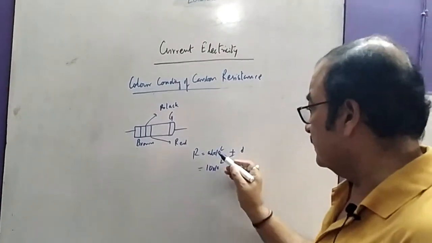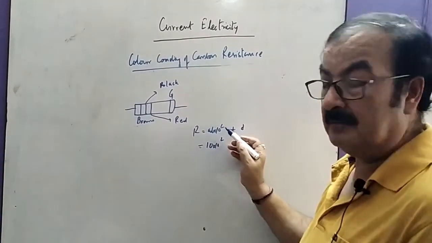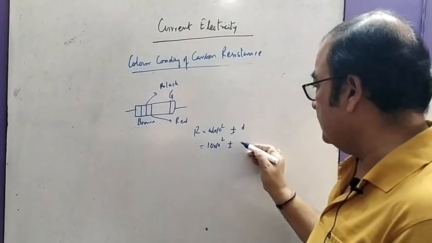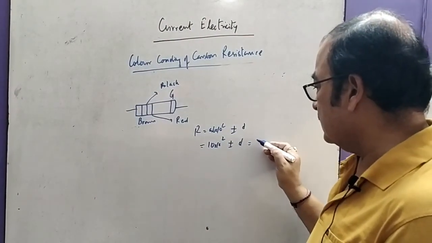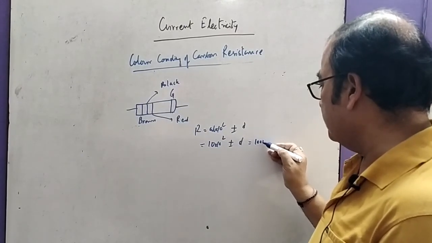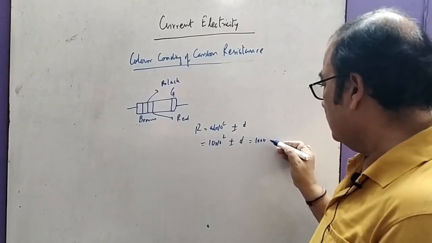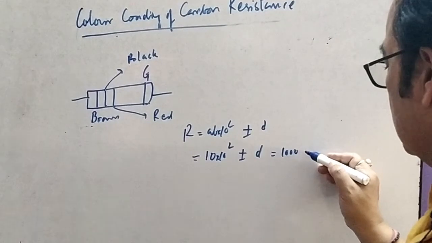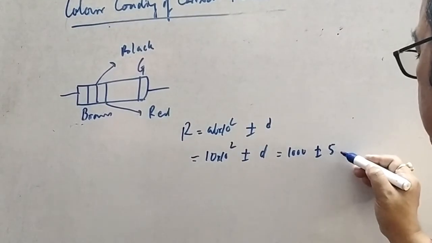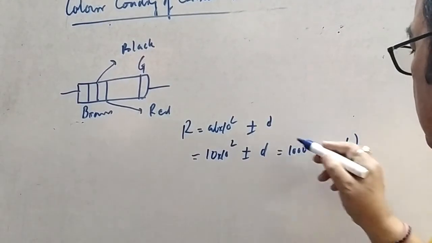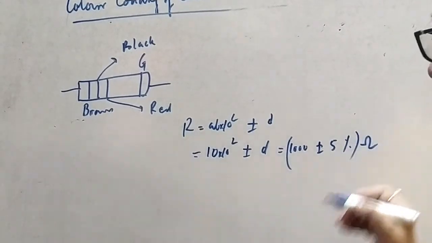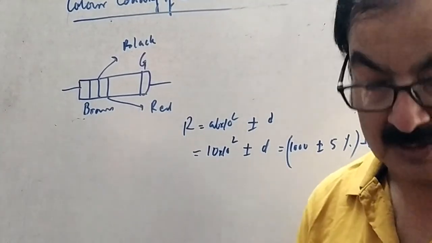Clear? AB into 10 to the power C plus minus D. That means it is 1000 ohm plus minus 5%. This is the value of this resistance.